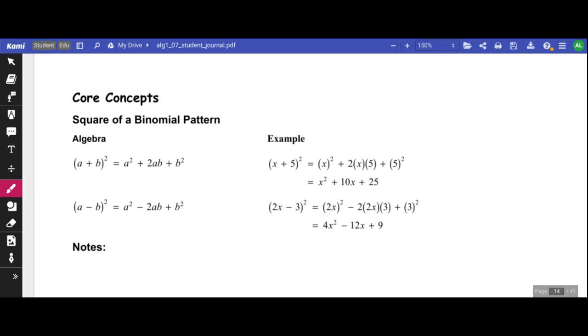This formatting throws people off a lot of the times because we're not used to seeing it like this. Okay, a plus b squared. Okay, so the first trick is we have to think of that as, well, that just means take that a plus b and it's being multiplied together. So it means I've got a plus b times a plus b.